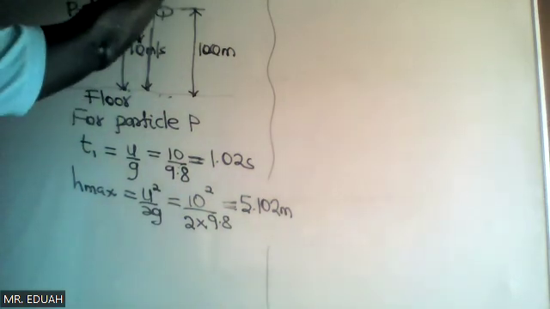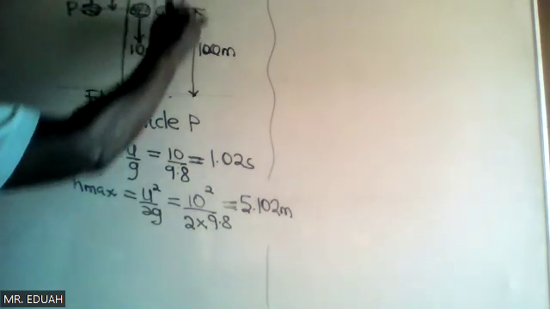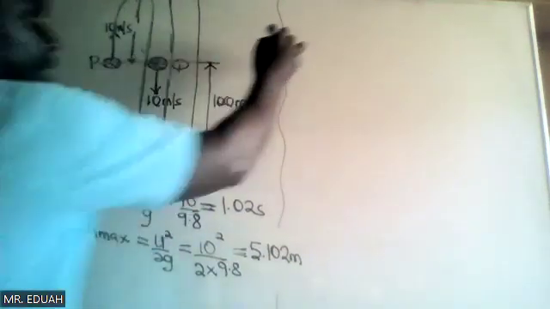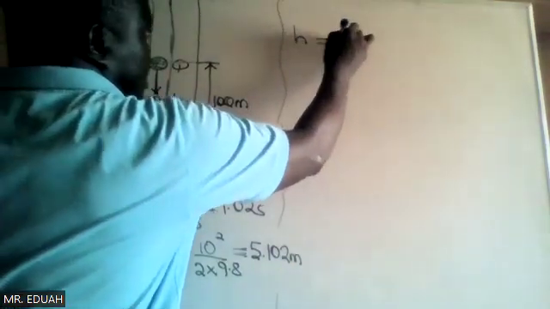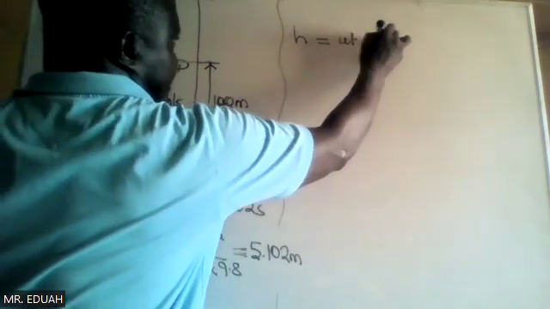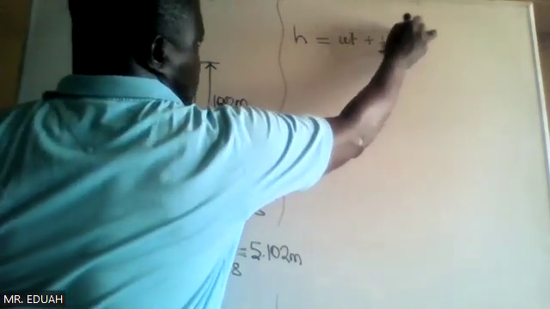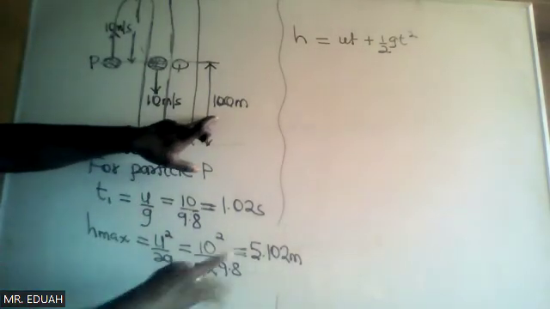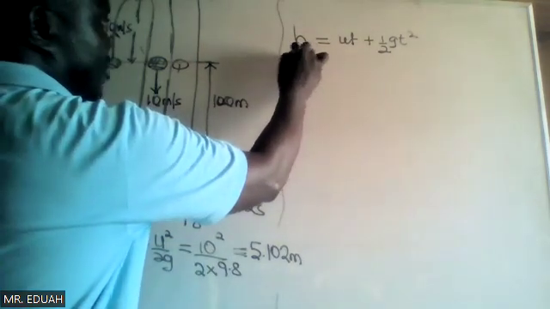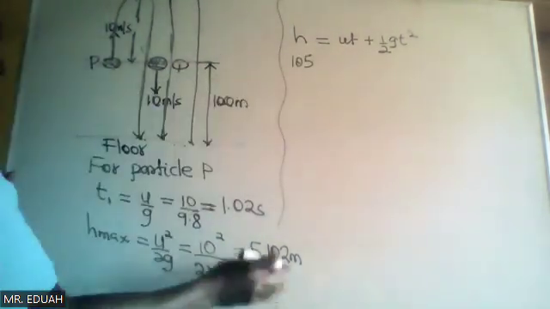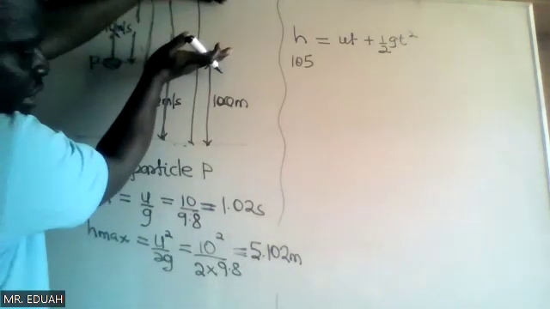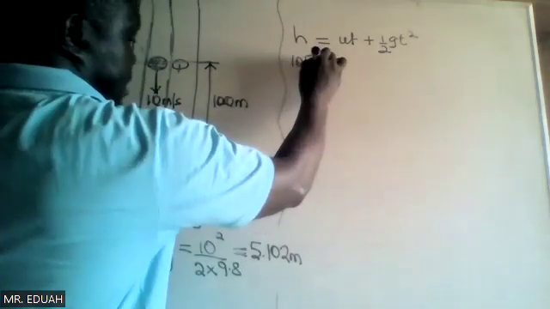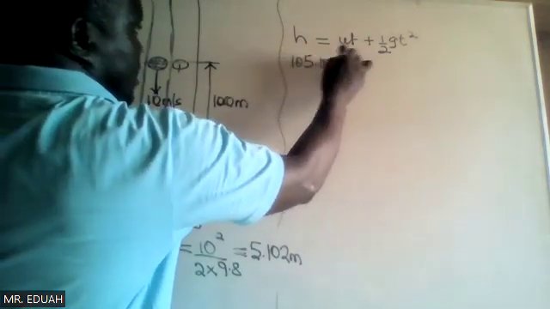So to find the time taken to move from the maximum height and drop to the ground, using h equals ut plus half gt squared, h will be 100 plus 5.102, which is 105.102.